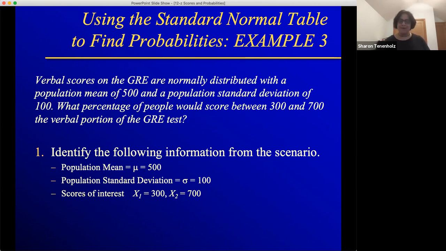Take a moment on your own and calculate the two Z-scores for this particular scenario. And yes, I have chosen nice, easy numbers for you to work with. No calculators required.